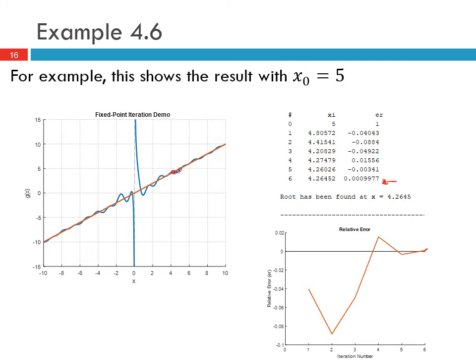In this graph, the blue is my new form of g of x, and you can see that it's not defined when x is equal to 0. Again, the orange line is y equals x. So this is the location of the root that I'm finding with an initial guess of positive 5.